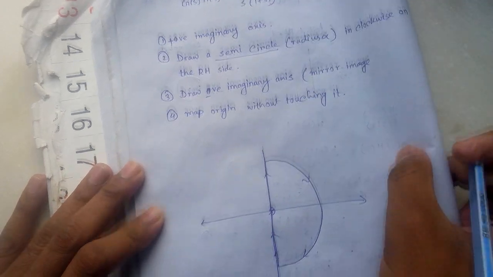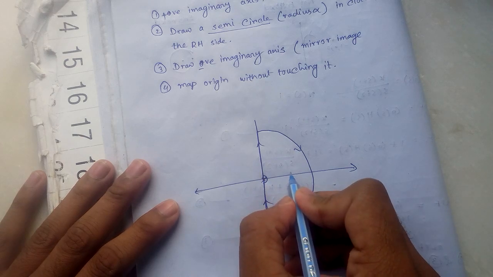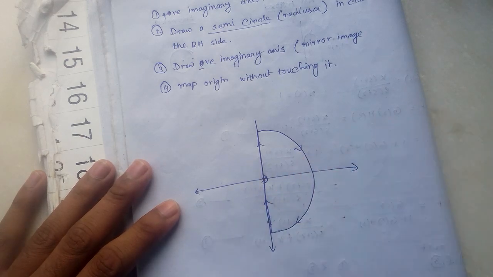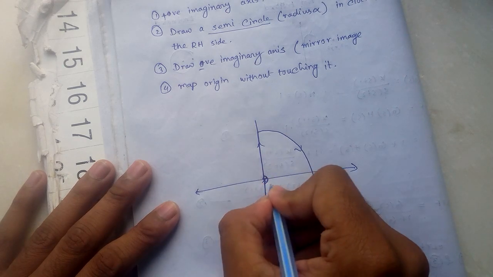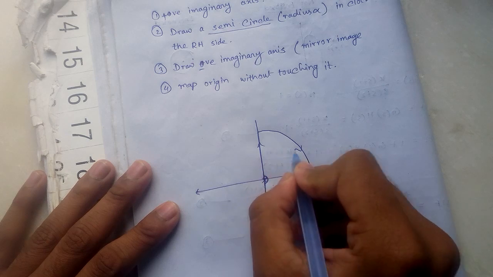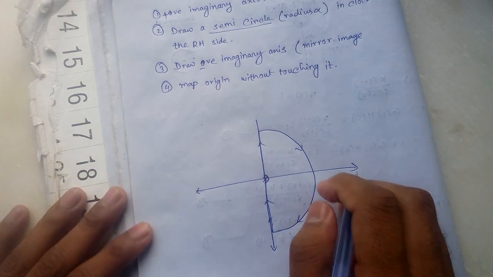Because if this pole is on the right hand side of the S plane, then the system becomes automatically unstable. So we have taken this radius approximately equal to 0, and this radius will be infinite. So this is the contour technique.